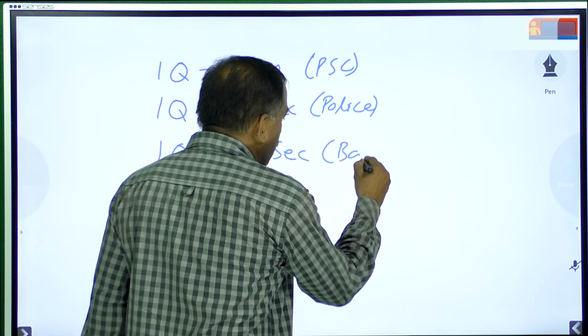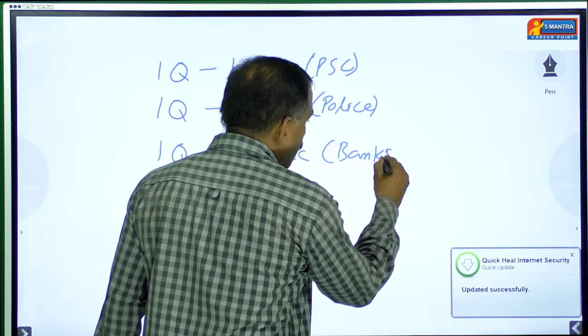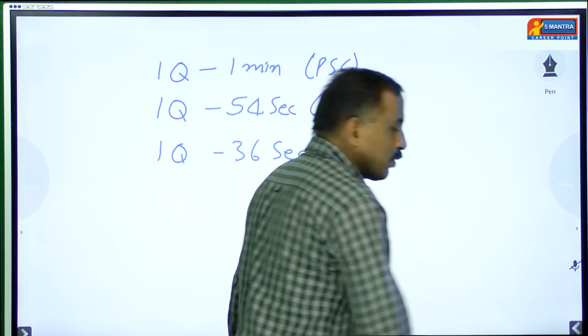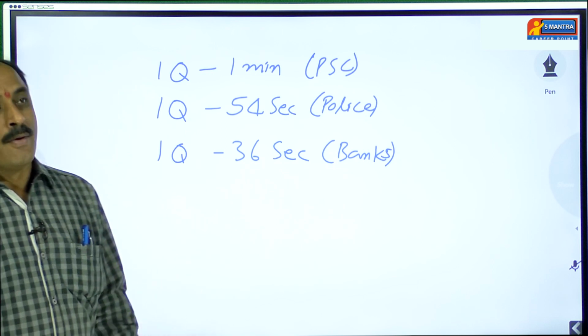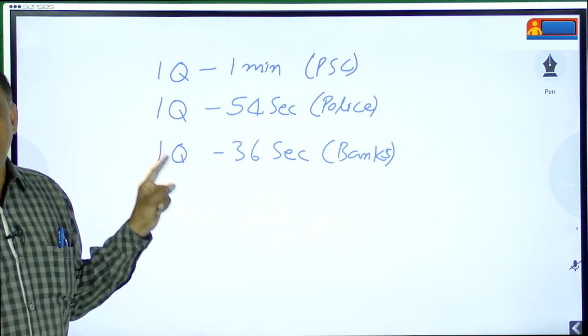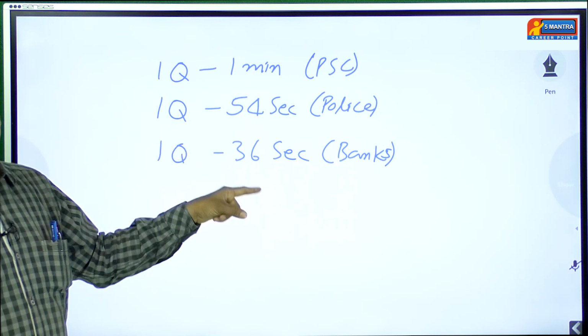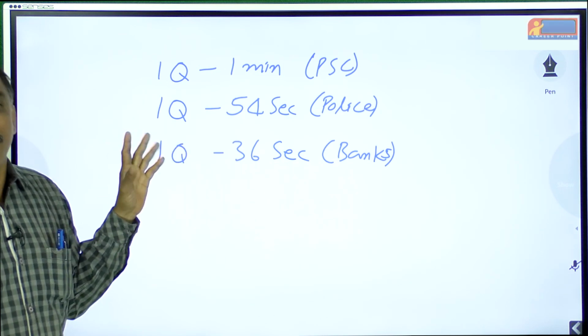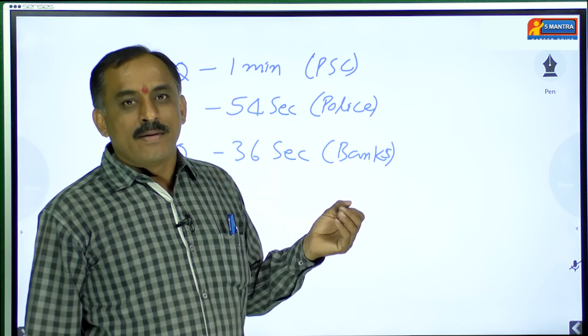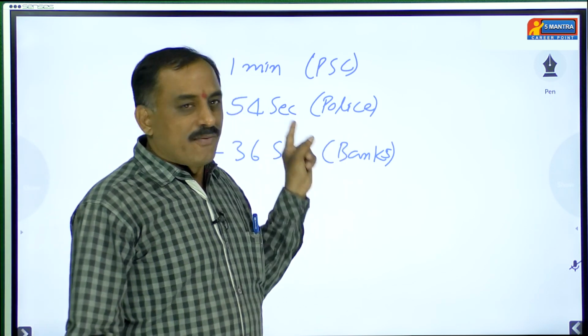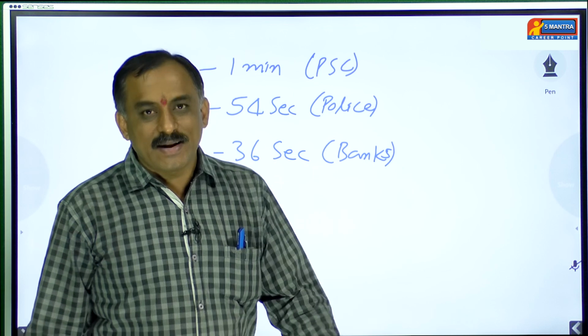So we have 1 minute in Public Service Commission exams, 54 seconds in sub-inspector of police, and 36 seconds in bank examination. But practically, the time is less than 1 minute, less than 54, or less than 36.